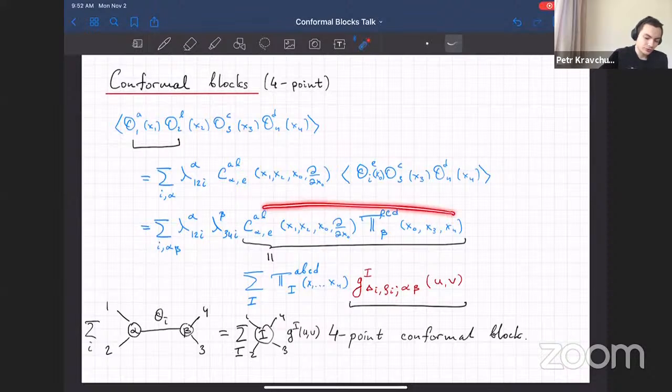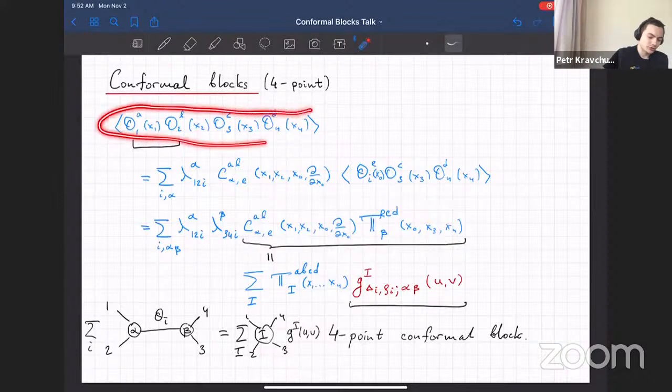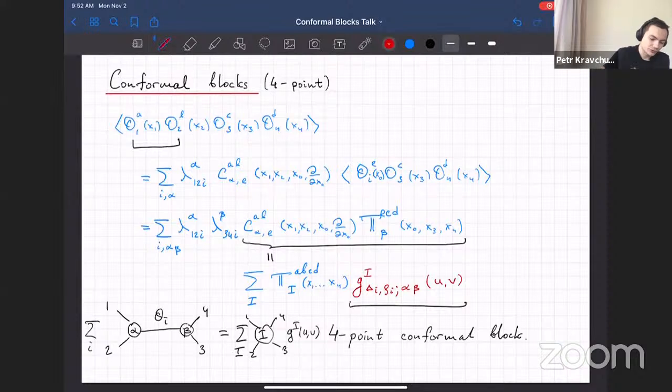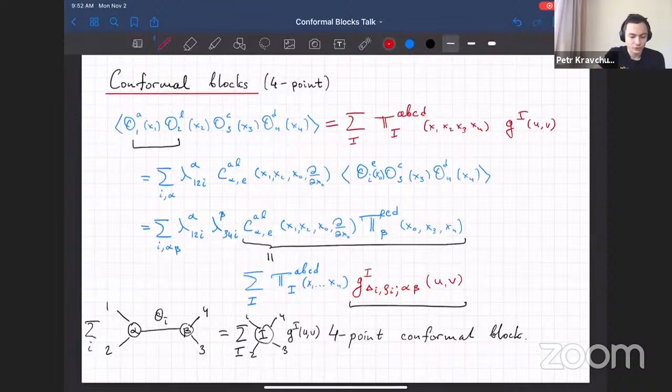But if I look at this object, it has the same transformation properties as the 4-point function. And for 4-point functions, we discussed that they can be written as a sum over I of standard tensor structures, T_I of x1, x2, x3, x4, times functions of U and V. That's the statement about conformal invariance for a 4-point function.